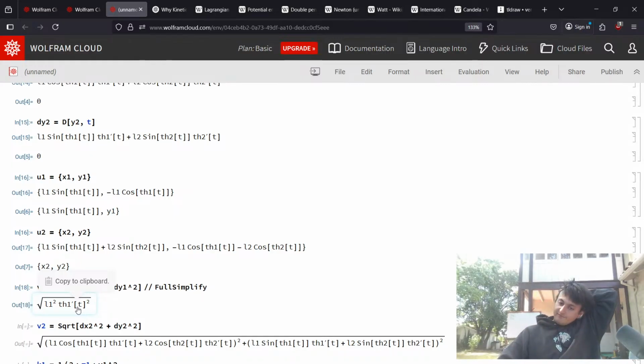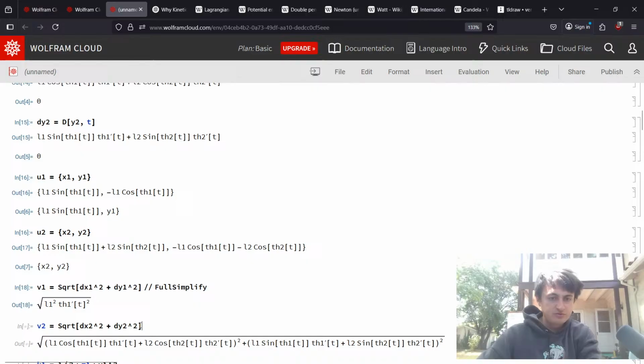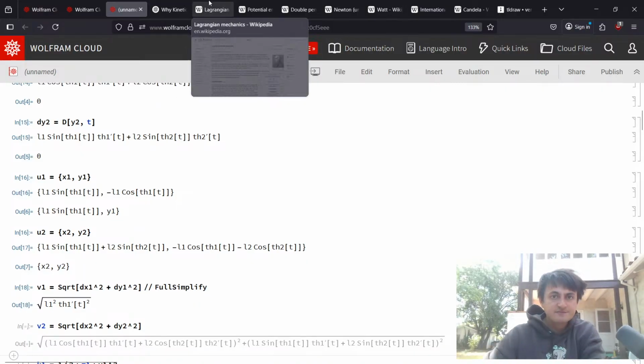Now it's time to figure out what the velocity is. Is that true though, that the velocity is just like this?